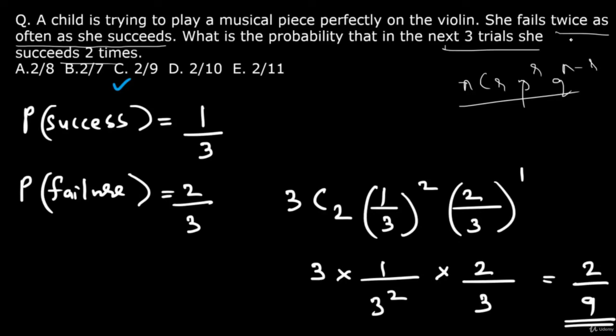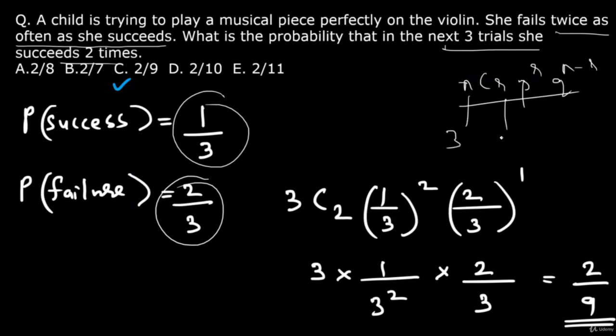Now over here, it's mentioned that she fails twice as often as she succeeds. Therefore, the probability of success is 1 out of 3, right? The probability of failure is 2 out of 3. Now, in the next 3 trials, she has to succeed 2 times. So over here, n is equal to 3 and r is equal to 2.